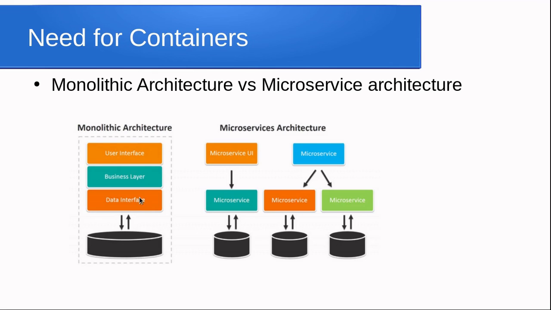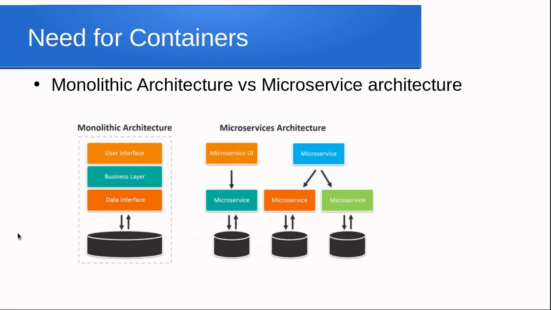Also, let's consider scaling. Let's suppose you want to scale an application in the monolithic architecture. Let's suppose only your UI needs some more data or overhead space, so you have to deploy the entire stack in a new virtual machine.